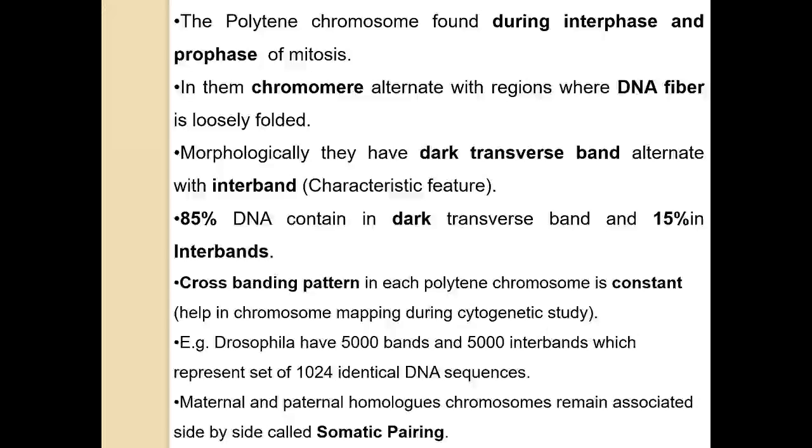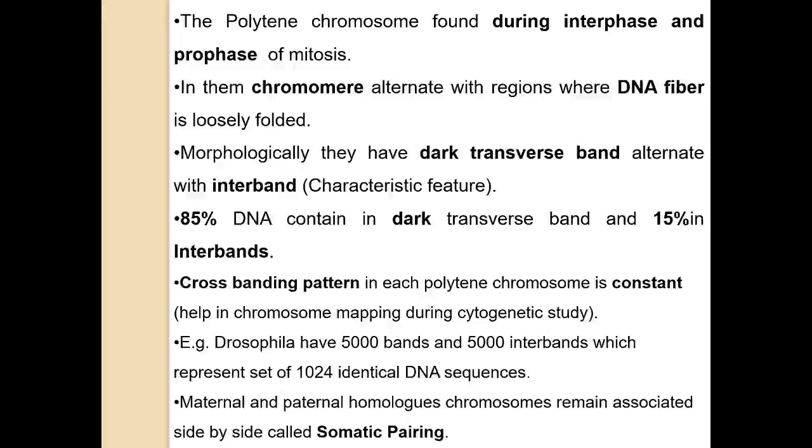The chromosome also has a cross-banding pattern. It is also one of the characteristics of this chromosome, and due to that we can do cytogenetic study and differentiate the different species. The cross-banding pattern is specific to a particular species.